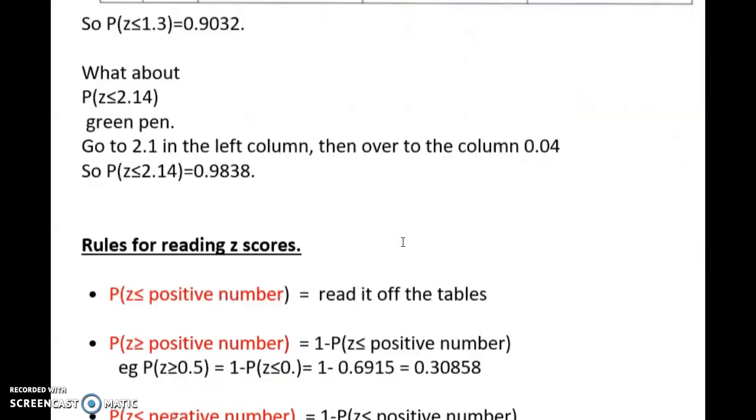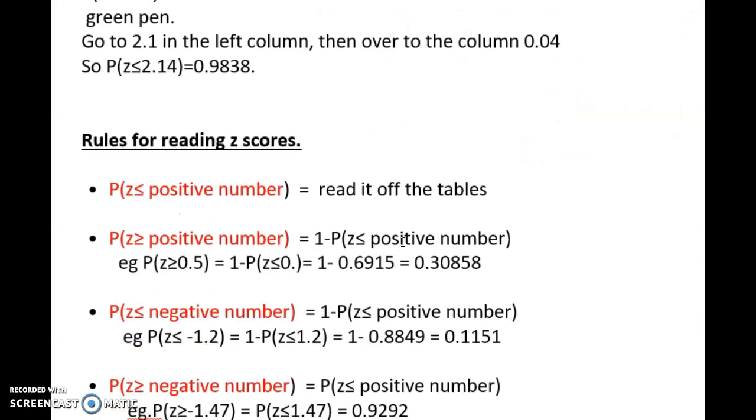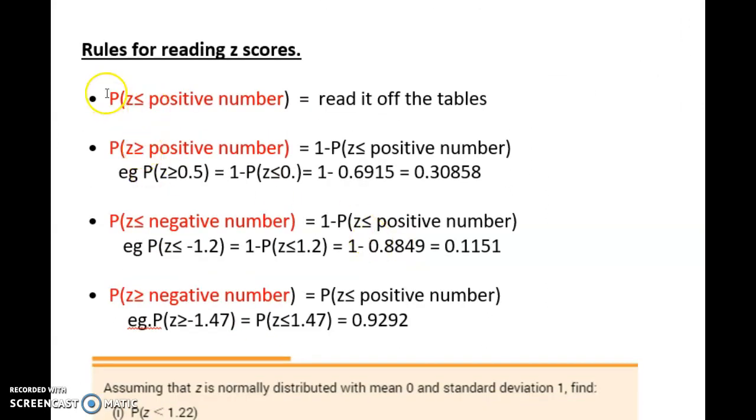Okay, now we have some rules for reading your Z scores. If you get the probability of Z less than any positive number, you just read it off the tables. If it's greater than the positive number, well then it's 1 minus P of Z less than the positive number. So you're just reading off the number from the tables and taking the answer away from 1. If it's P of Z less than a negative number, then it's 1 minus P of Z less than the positive number.